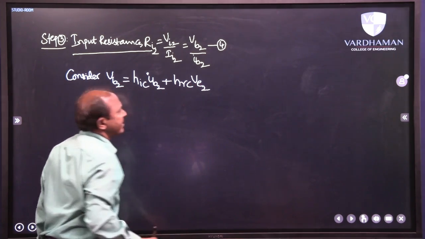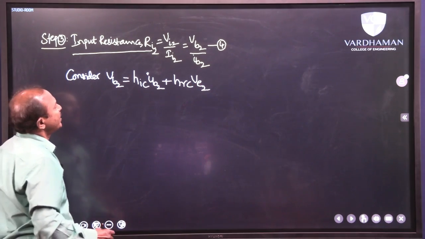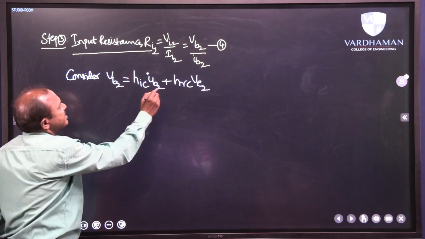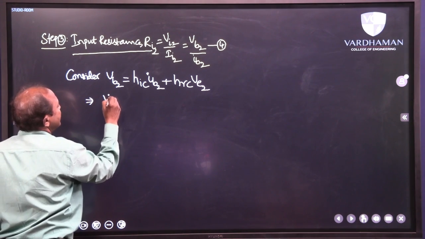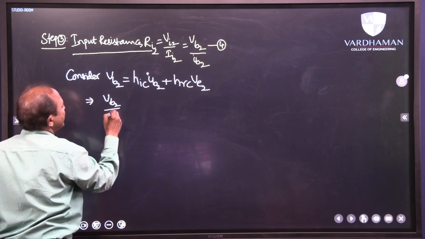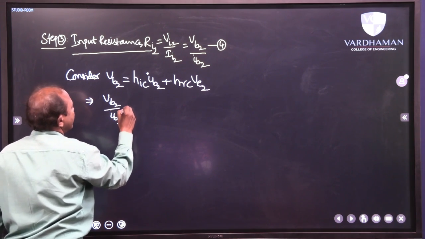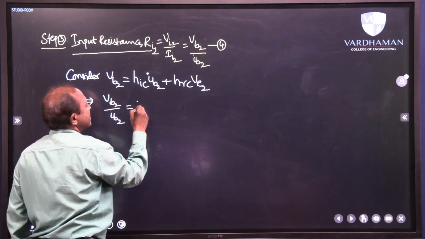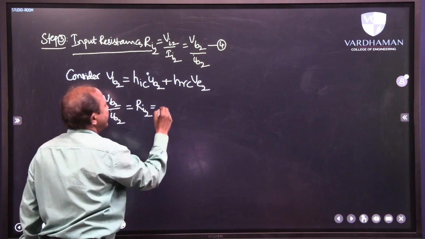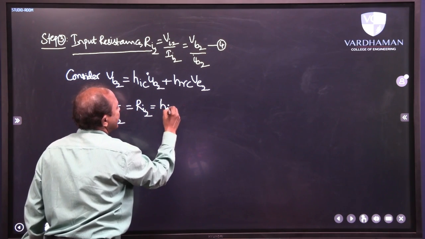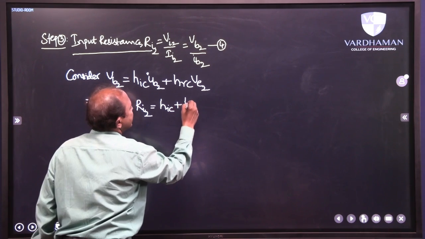This is the equation available with us. Then you divide this equation by IB2, which will give us VB2 by IB2, which is nothing but the input resistance Ri2, equal to HIC plus HRC times VE2 by IB2.